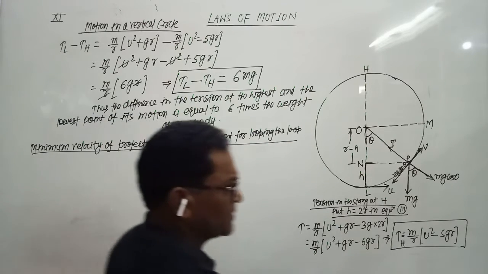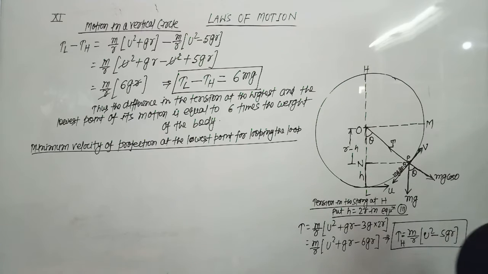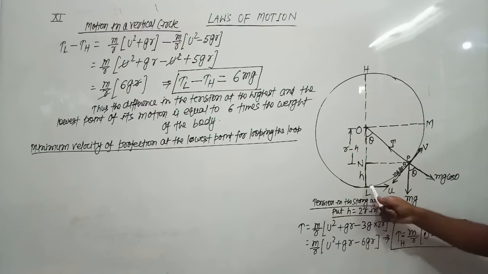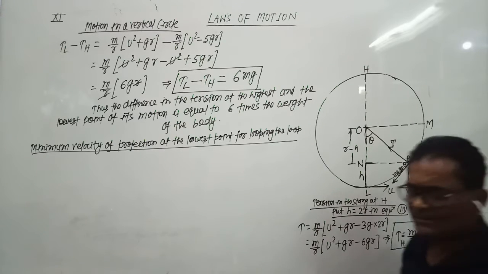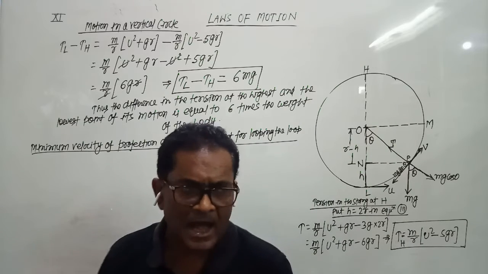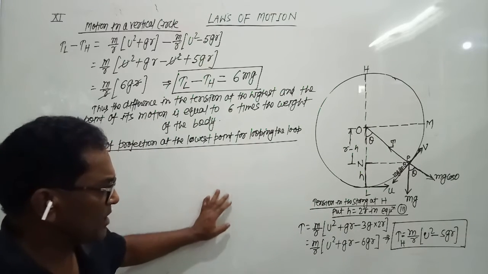Minimum velocity of the projection, by which minimum velocity the body is projected at the lowest point to complete a loop, for looping the loop, or to complete one loop. What would be the minimum velocity at the lowest point?